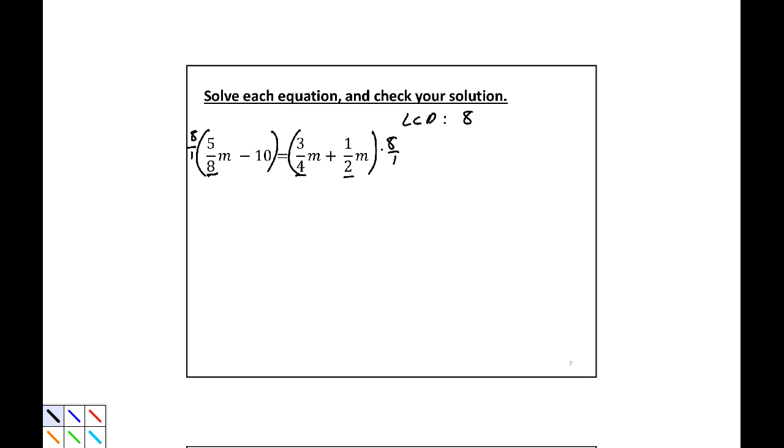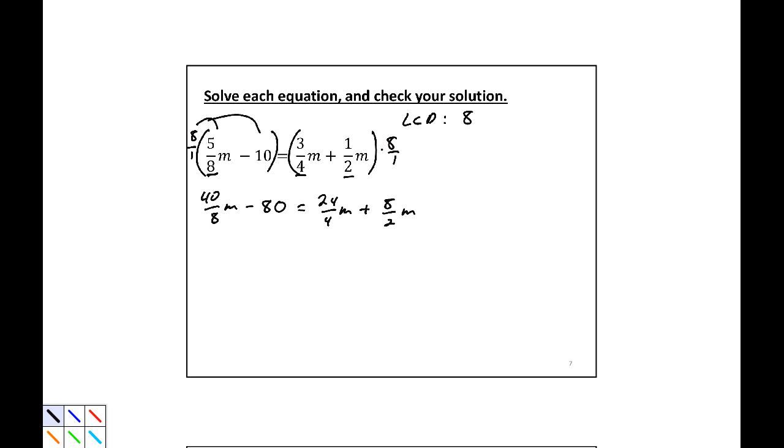So on the left-hand side, 8 times 5 would be 40 over 8m minus 80. Again, I'm multiplying by 8 there. And then on the right side, I have 8 times 3, so 24 over 4m, plus 8 times 1 is 8 over 2m, only multiplying by the numerator with that 8.